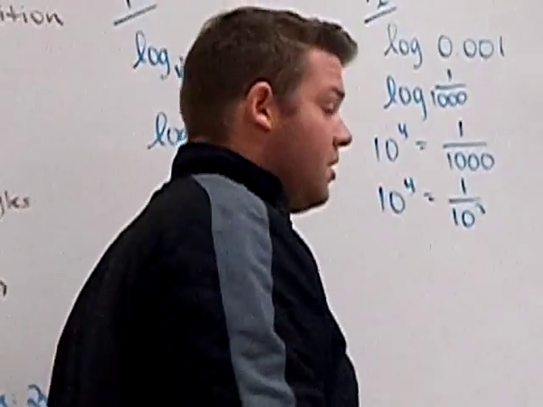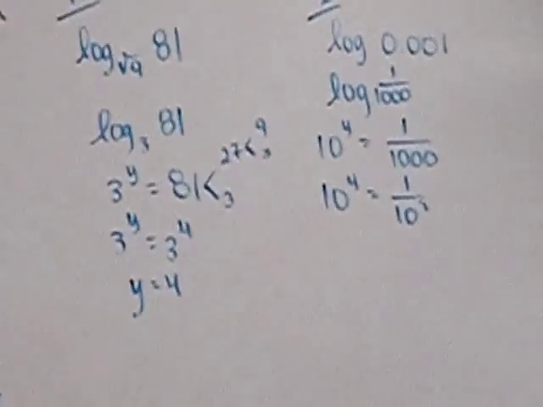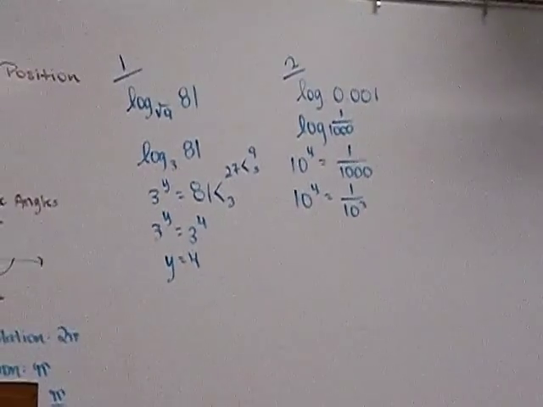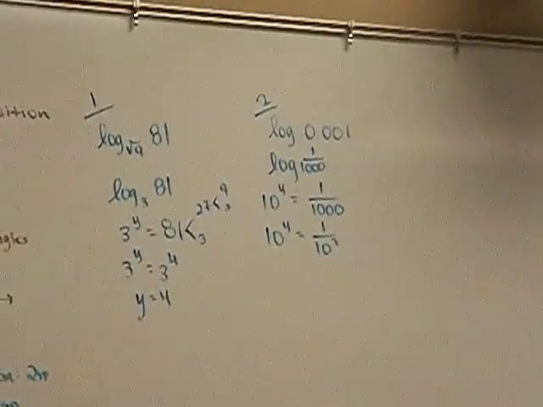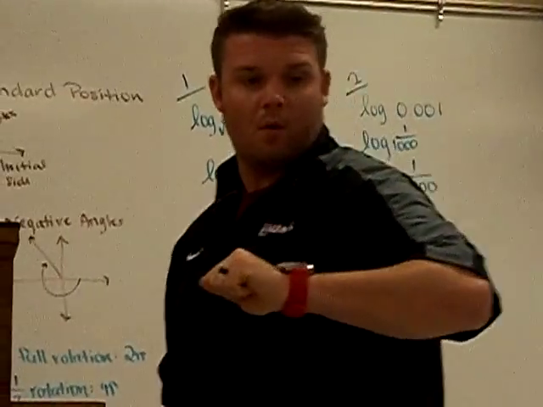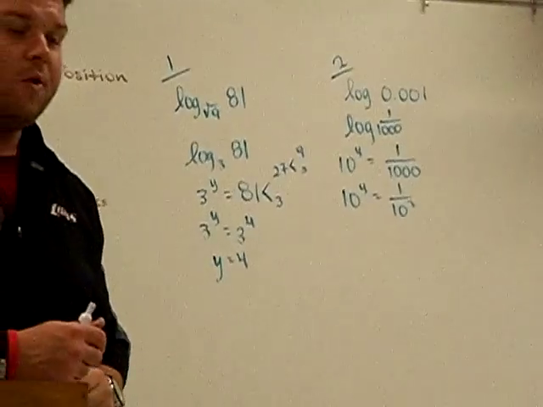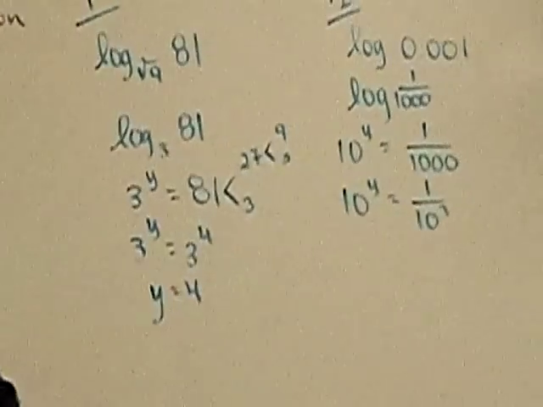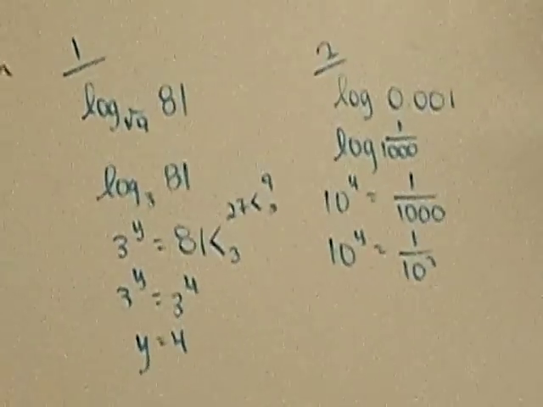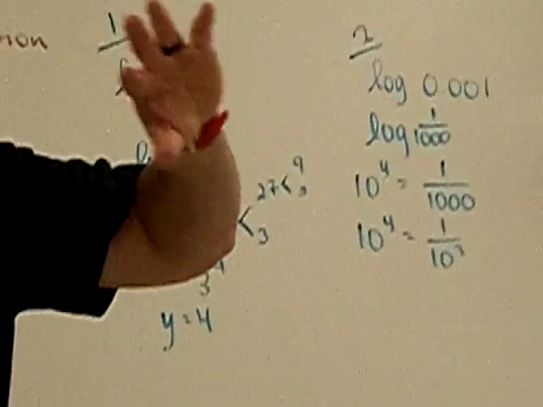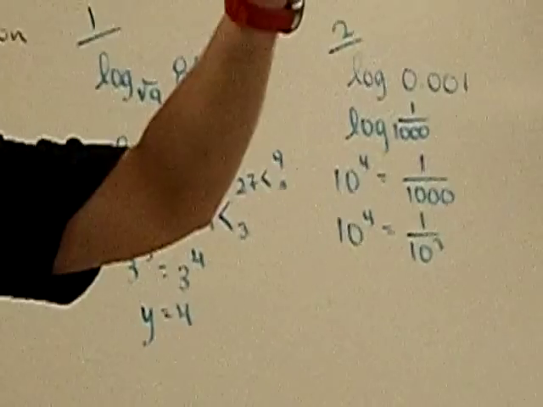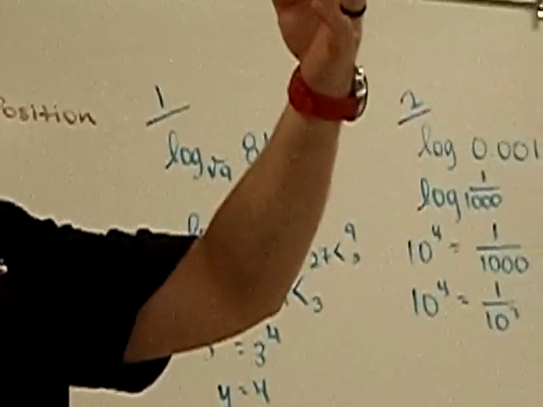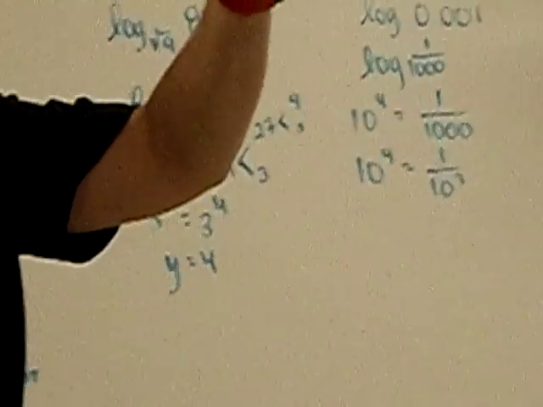But that 10 cubed is in the denominator. What property do I need to understand to take that 10 cubed to the numerator? What do we need to know about exponents? What type of exponent will take it from the denominator to the numerator? Negative exponents.